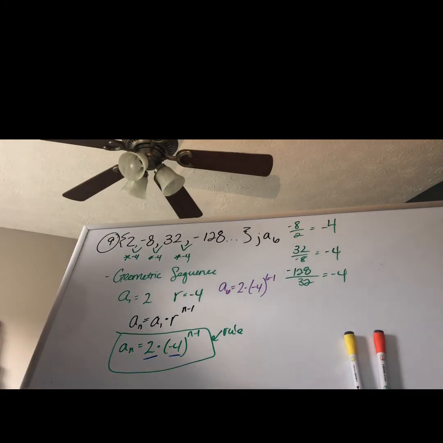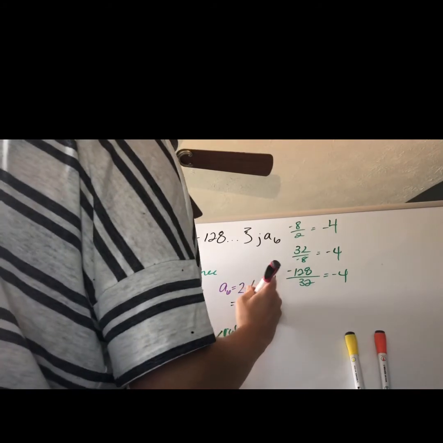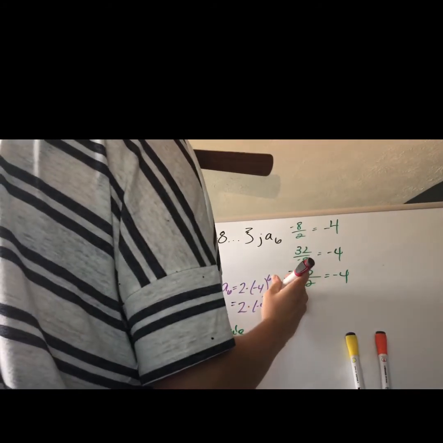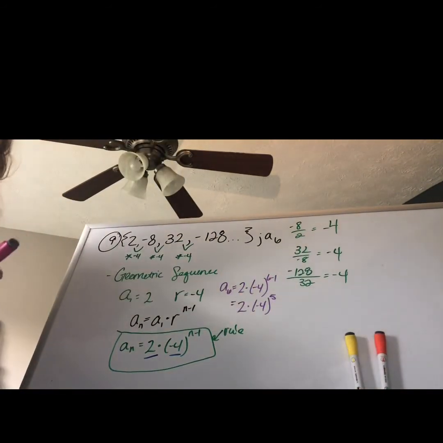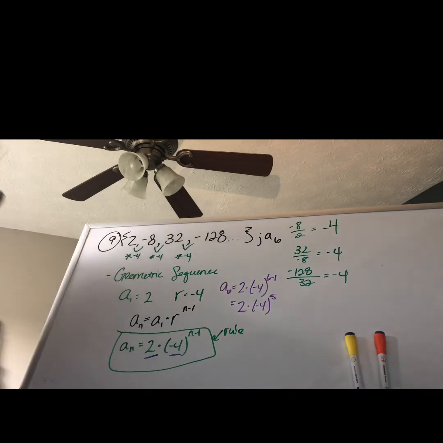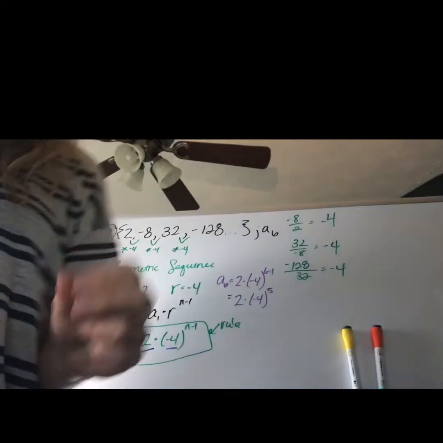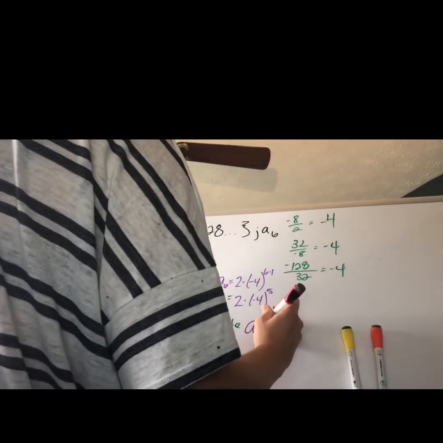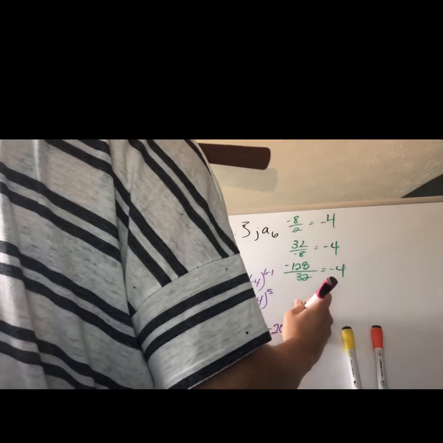Okay, -4 to the 5th power. So I'm going to put this in my calculator: 2 times -4 to the 5th power. The answer is actually behind the camera, so hold on. All right, so it's going to be -2048. So A6 equals -2048.